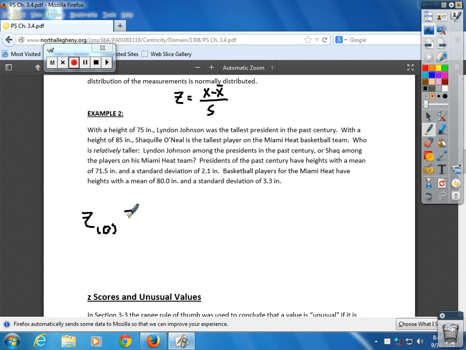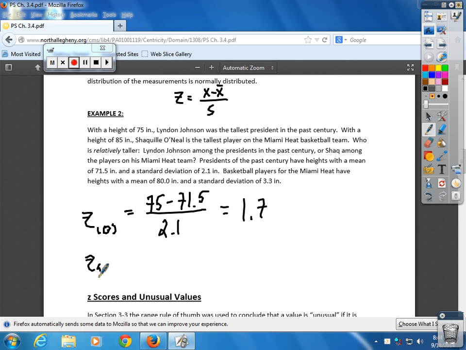LBJ is 75 inches minus 71.5, over 2.1. Calculate that. What does that come out to? 1.7.